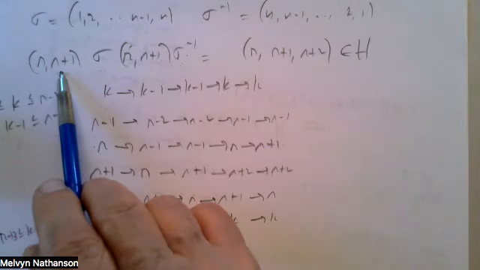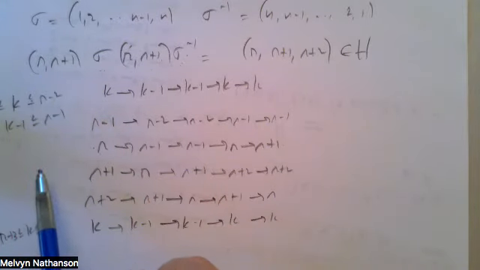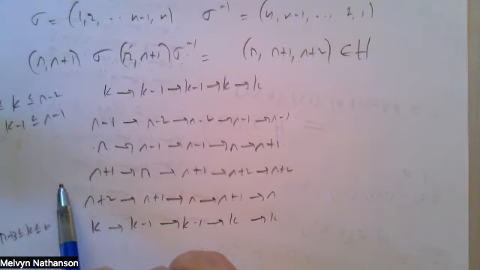And if R plus 2 is in H, and R plus 1 is in H, what was our previous calculation?